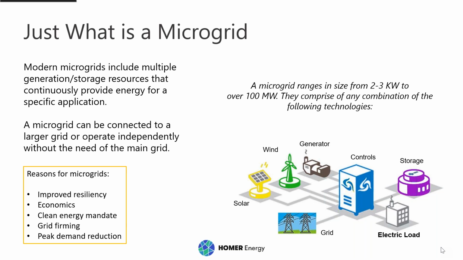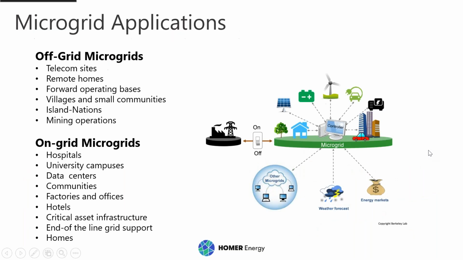To help support the grid is another reason. And then also addressing things like peak demand. So in the summertime, when there's a lot of load on the grid because of air conditioning, people are deploying these microgrid systems to help reduce those demands. So there are a lot of applications where you'll see microgrids.